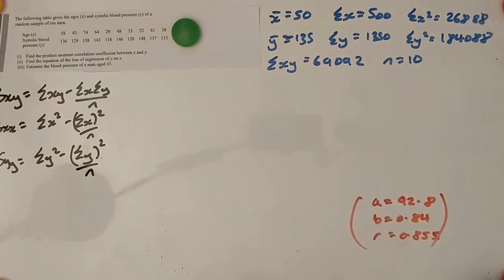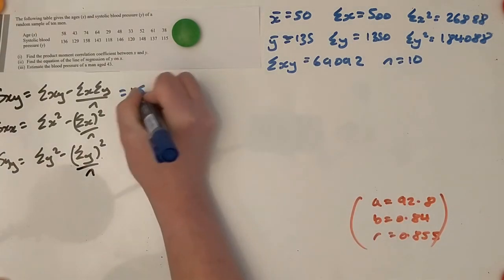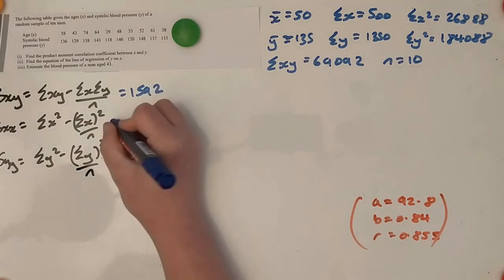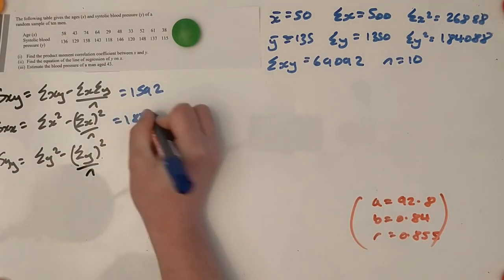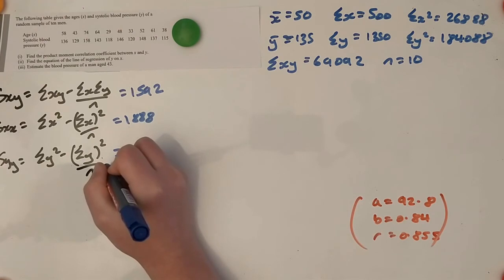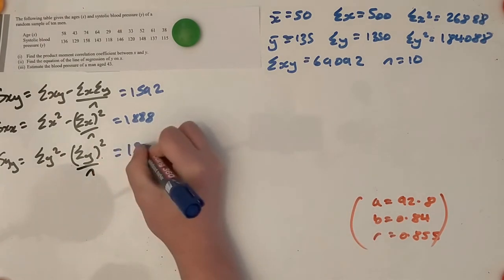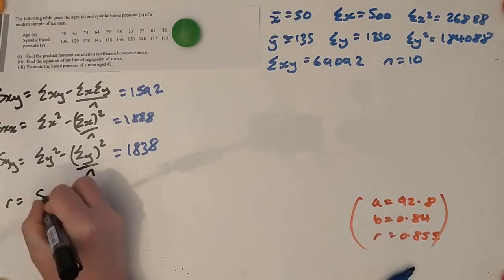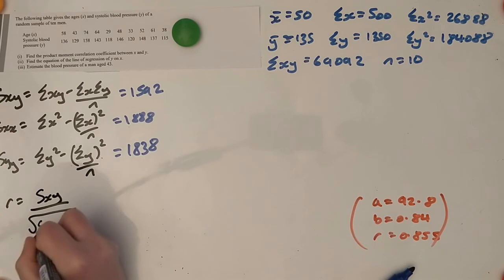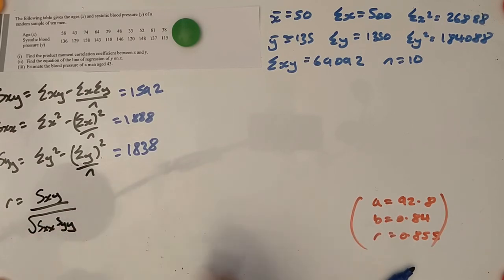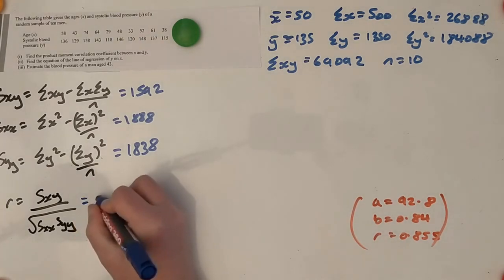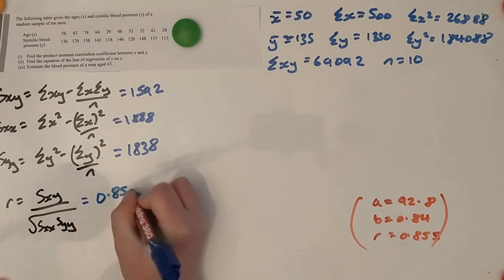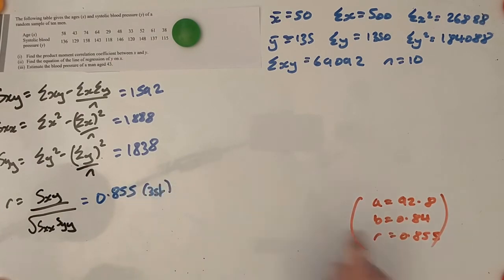Okay, putting these values in, I get SXY equals 1592, SXX equals 1888, and SYY equals 1838. So R is SXY over the square root of SXX times SYY. Put that into my calculator, I get 0.855 as expected. All good.